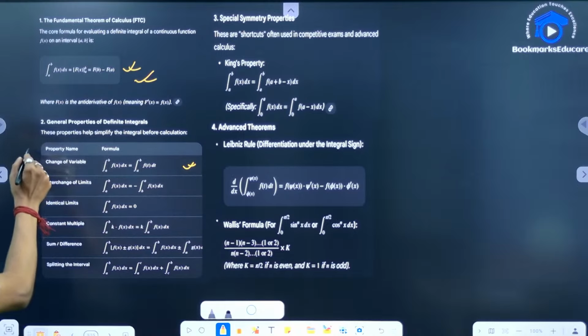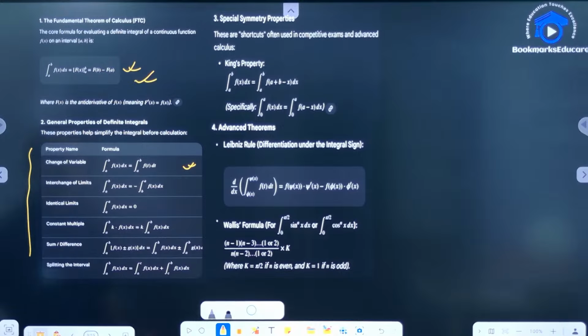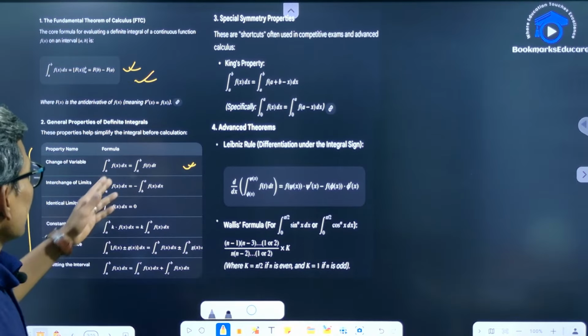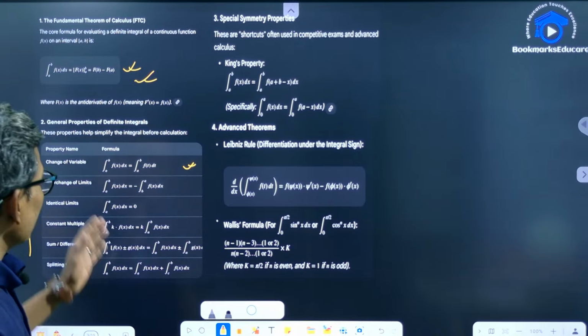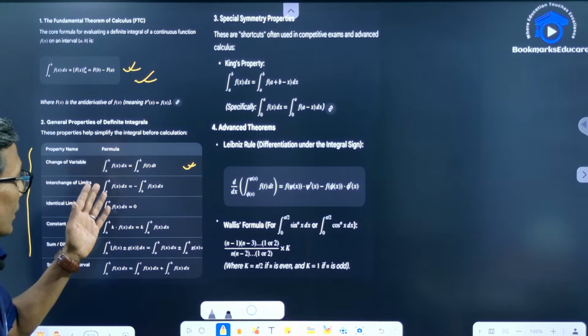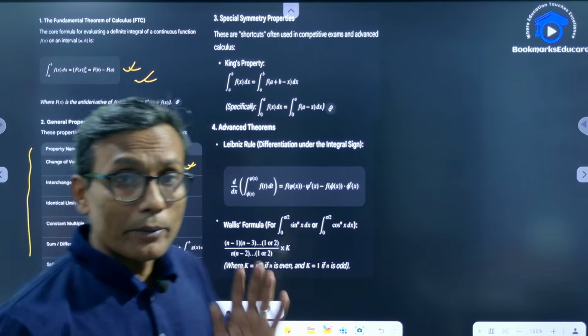These are all properties, and these are the names of the properties. The first property is that the integral from a to b of f of x dx equals the integral from a to b of f of t dt. You can change the variable, but the limits will remain constant.